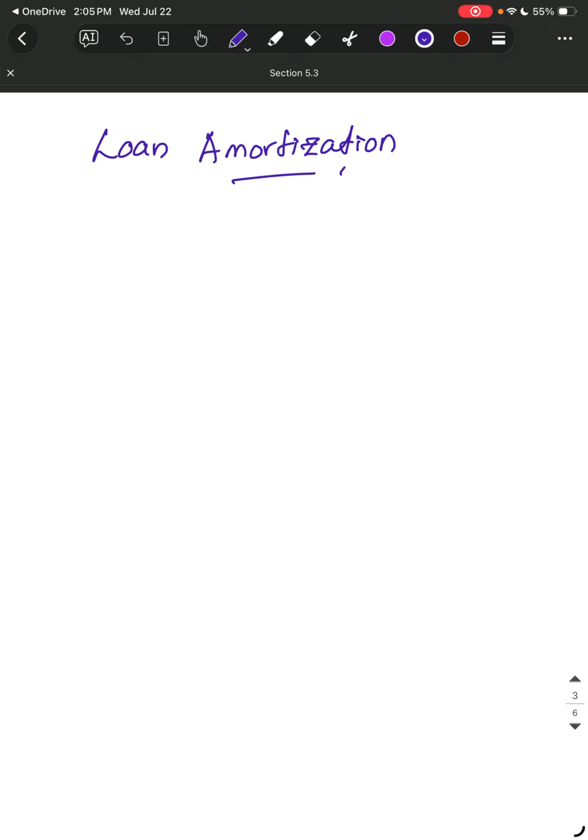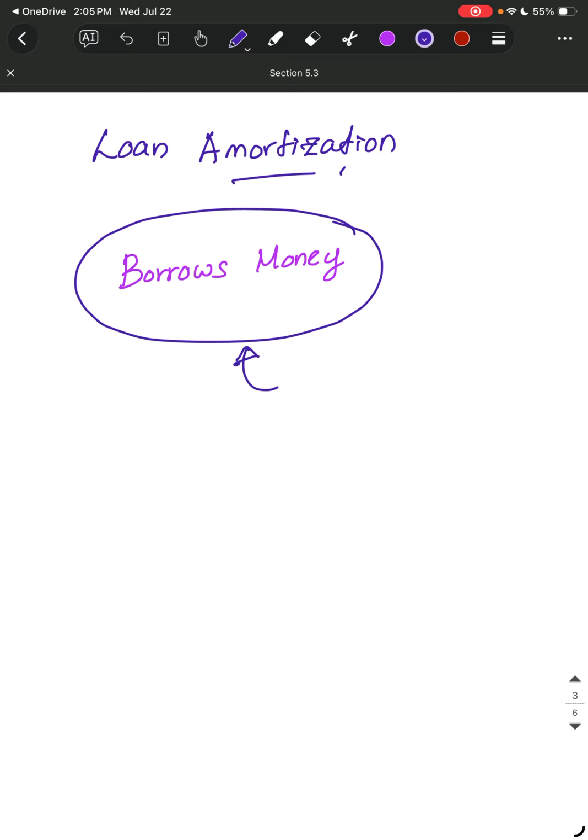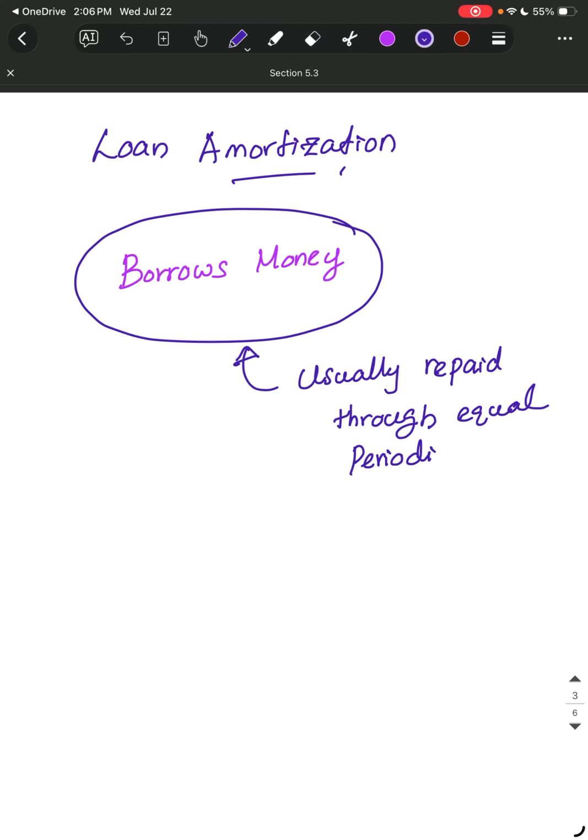Okay, let's go through the process. First, when we borrow money, the loan is usually repaid through equal periodic payments.